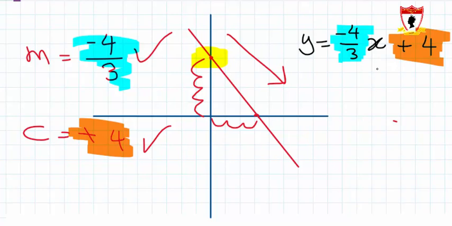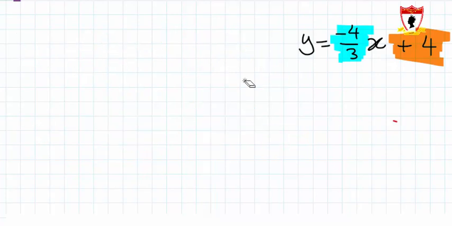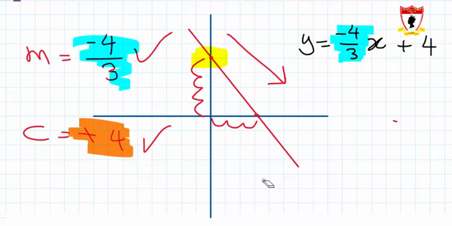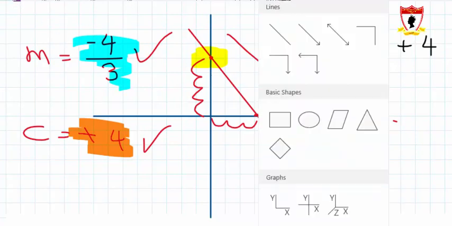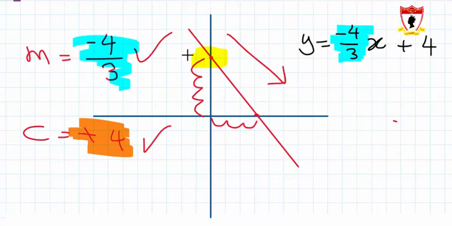Once we got these two pieces of information, we can state the equation of this straight line. So the same thing will happen with these three questions that we're going to do. And one more thing, this line has this equation. How can we find another line which is parallel to this line? How can we find, for example, the equation of this line?